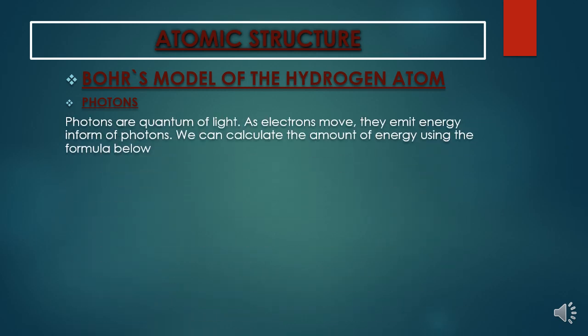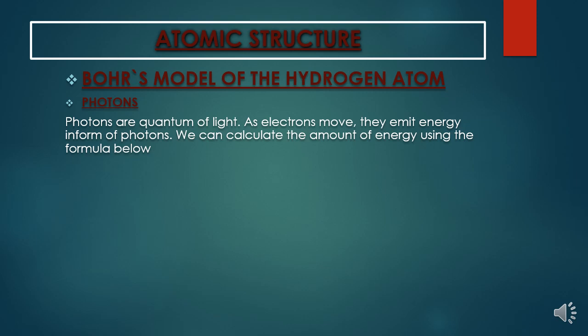As electrons move, they emit energy in the form of photons. In our last tutorial, we discussed that as electrons transition from a high energy level to a lower energy level, that electron will emit energy, and that energy is emitted in the form of light, in the form of photons.